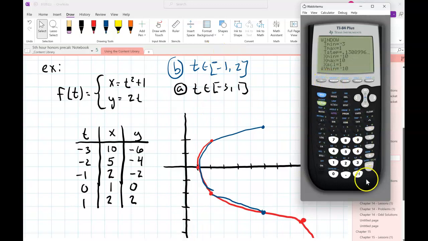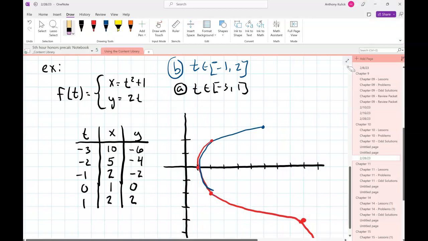Let's just check that. -1 and then 2. Hit graph. And that's indeed what I see there, right? Oh, -1 even. Sorry, I did -2 there.